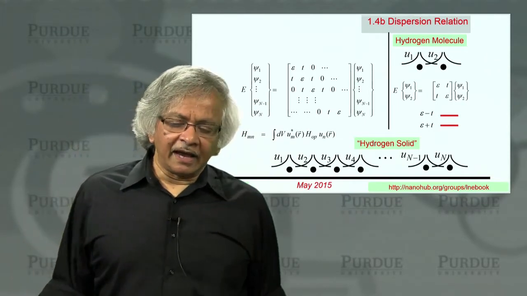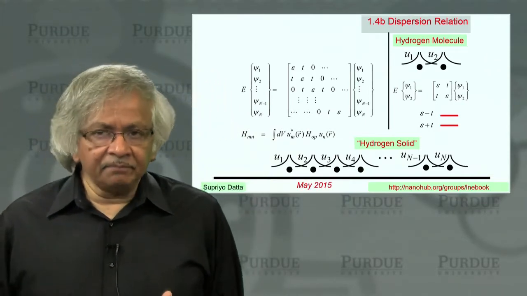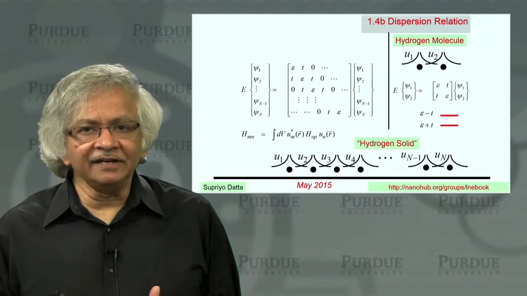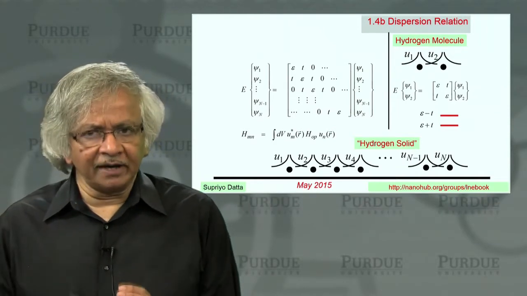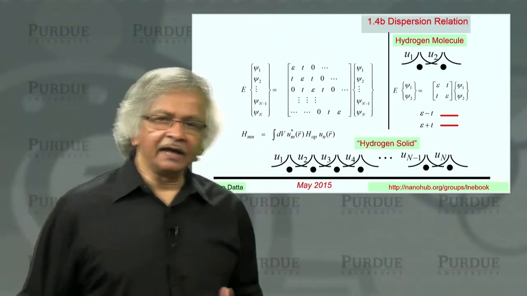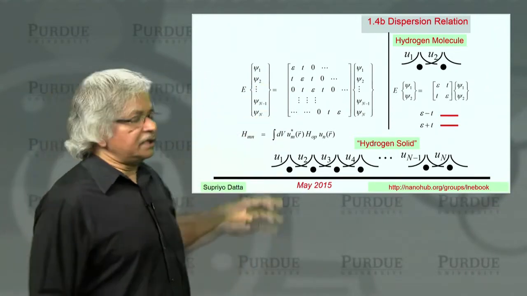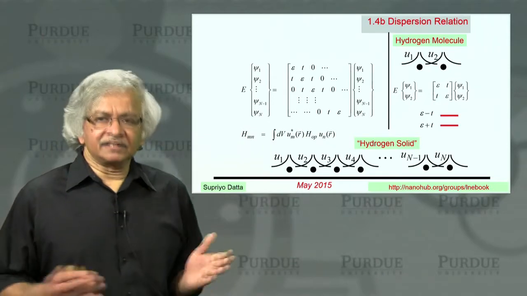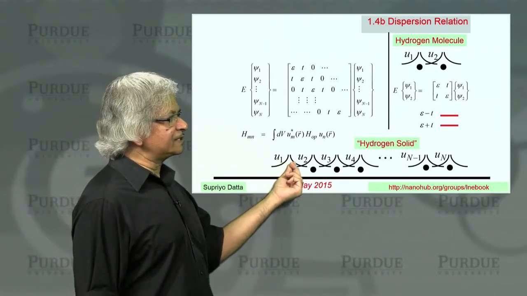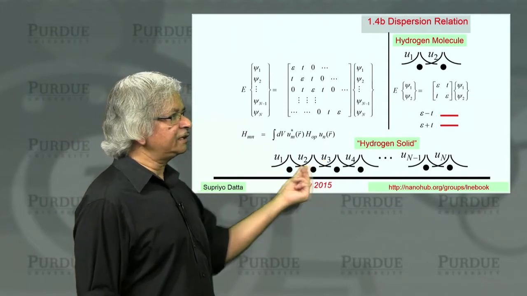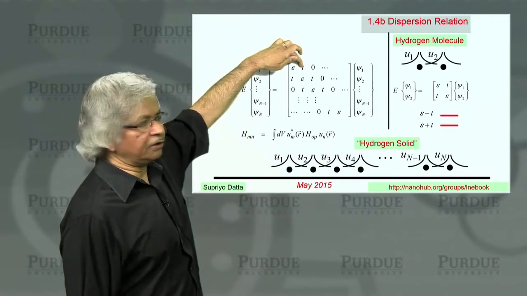And in all these semi-empirical models, where we treat matrix elements as fitting parameters, you want to keep the parameters down to a minimum. And usually one uses what's called the nearest neighbor model. In other words, only if two basis functions are right next to each other, we assume there's a non-zero element there.